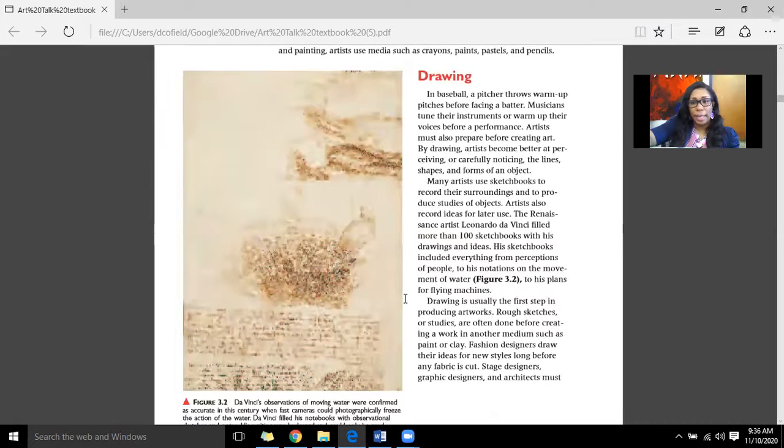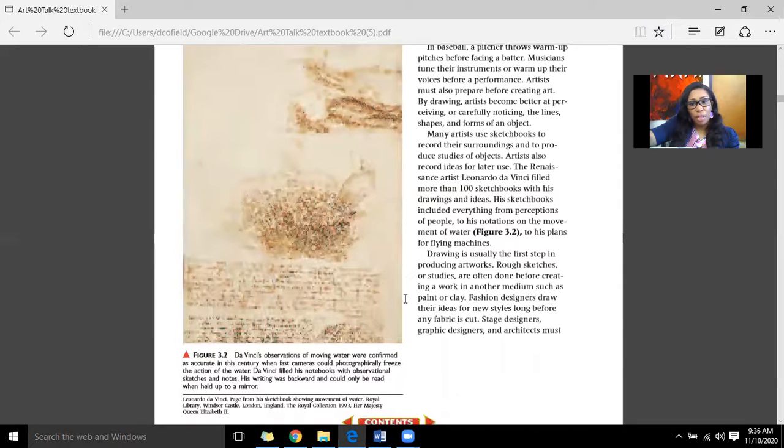And that's what I asked you to get in the beginning of the class, a sketchbook, because when you get a sketchbook, that helps you to put your ideas on paper, helps you to think, helps you to get your thoughts focused and start to sketch things. And the more that you sketch, the better you become. So drawing is the first step of producing artworks.